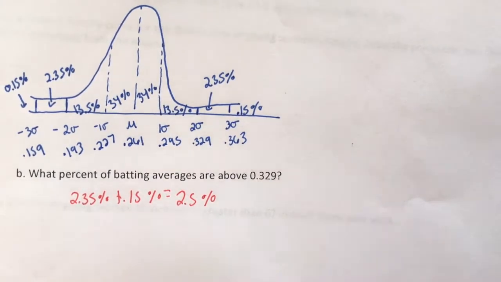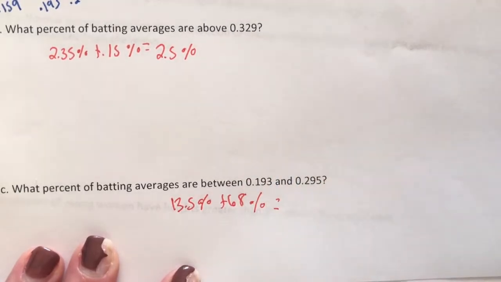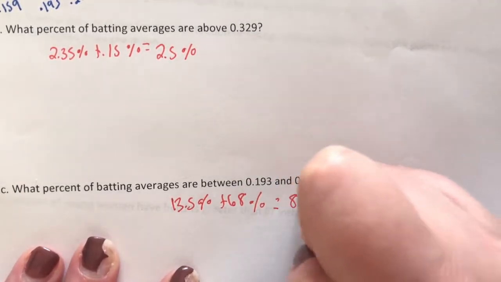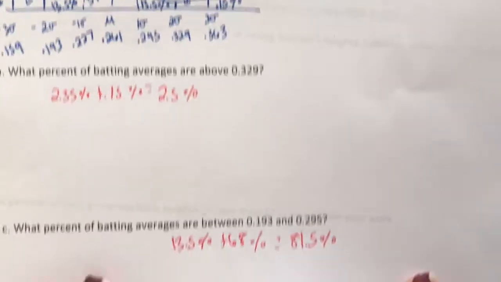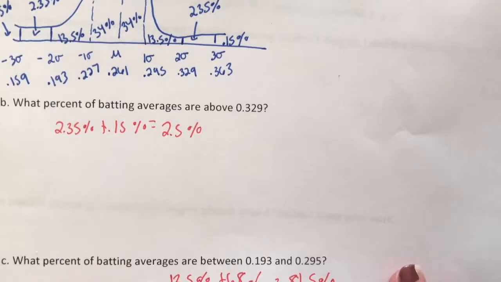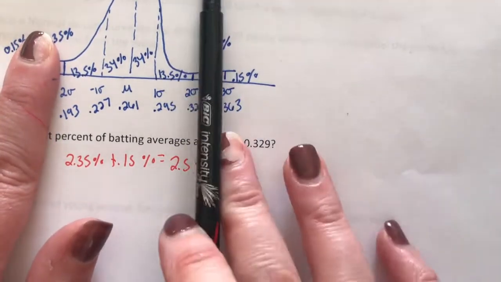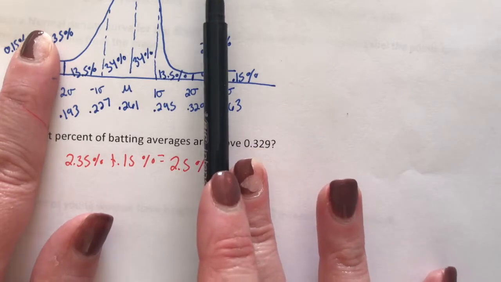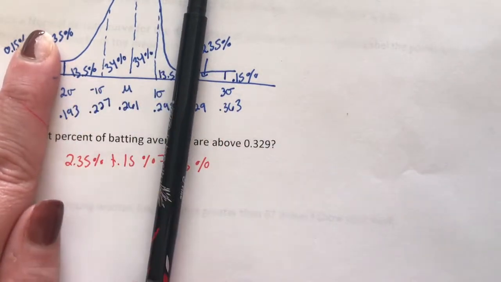And when you add that together, it's going to equal 81.5%. Okay, so I'm pretty sure you saw that. I'm not sure because I was looking down, but between 0.193 and 0.295, if we mark that off where that occurs, that's right here. We have our 68% plus our 13.5%.